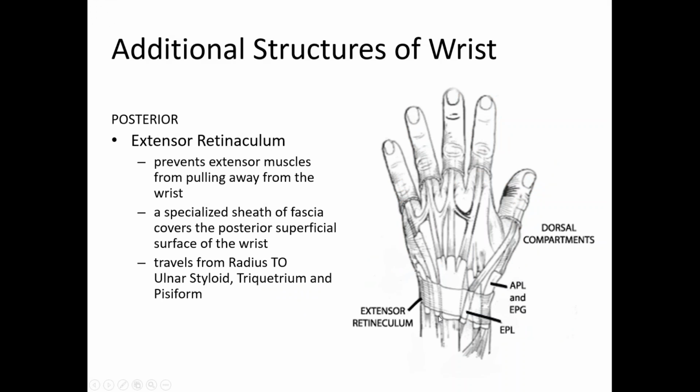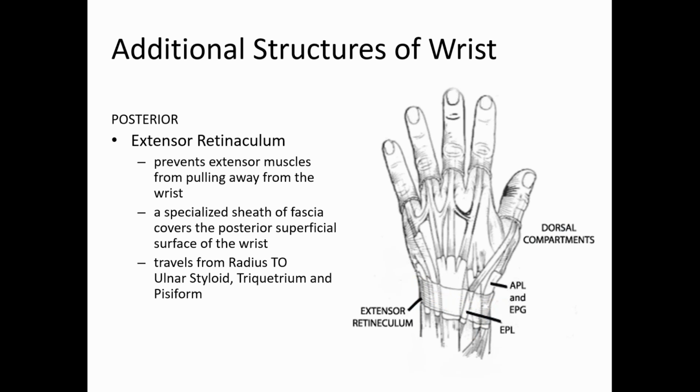And then on the back, of course, we have an extensor retinaculum traveling from the radius to the styloid process of the ulna, the triquetrum and the pisiform, so it wraps around a little bit to the front. And same function to stop the extensor muscles, the tendons, from pulling away from the wrist, just to keep things in place.